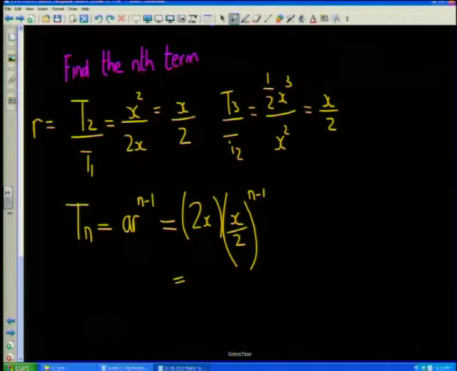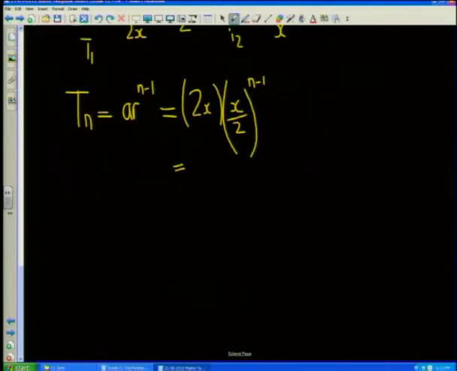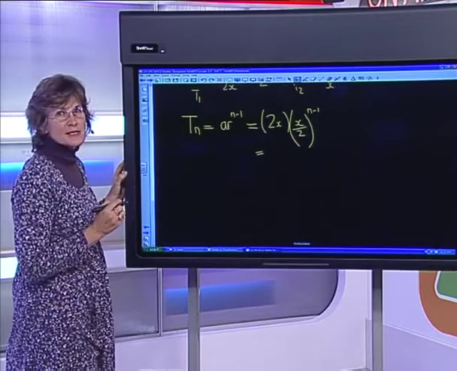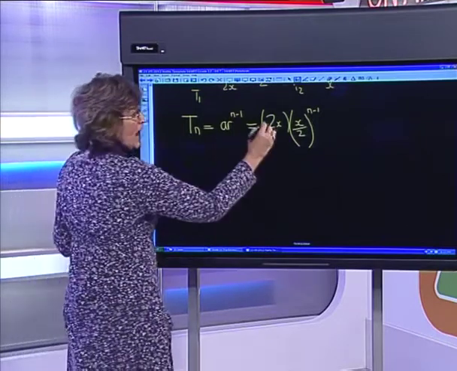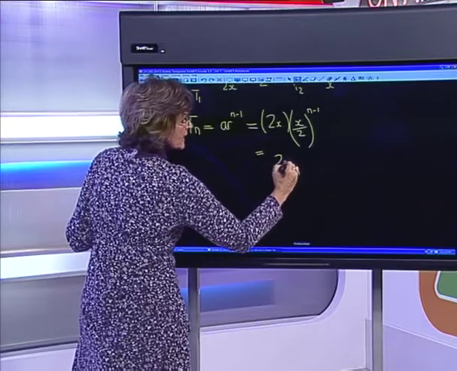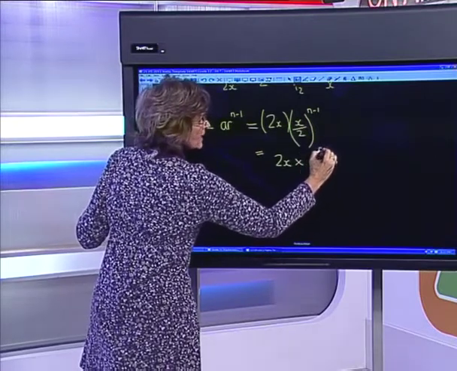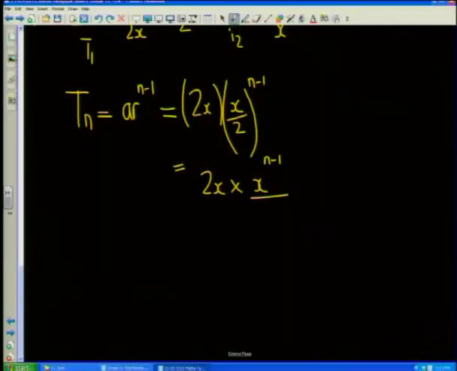If you left your answer like that, I suspect they would take off a mark, because you can see that it can be simplified, okay? So I'm going to leave this as 2x, and this is going to become x to the n minus 1, and on the denominator, that's 2 to the n minus 1.